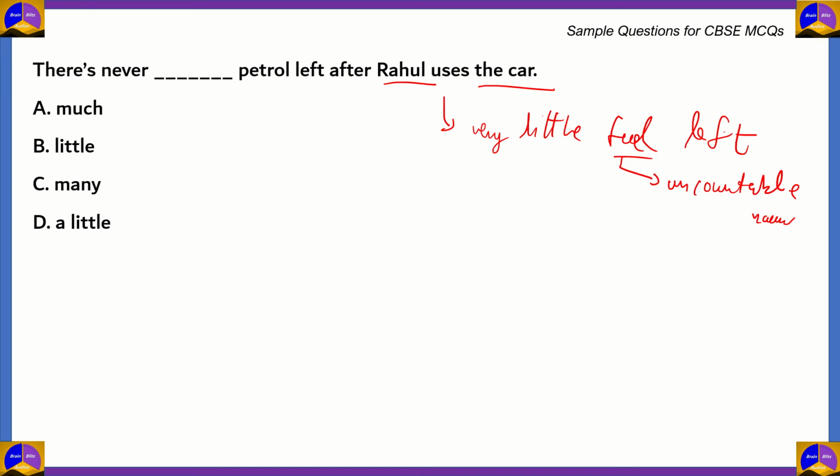By looking at the can of fuel, you cannot understand how many molecules are present. You have to do scientific methods for that. So therefore, we consider things such as fuel, water, drinks, etc. as uncountable. So therefore, since fuel is uncountable, the type of word that should be put here must also be used with an uncountable noun.